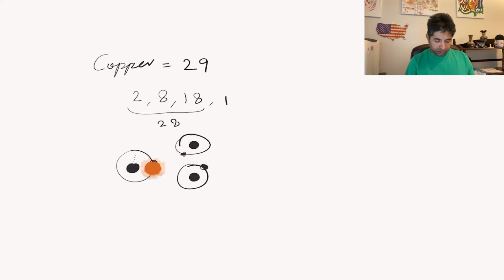For example, this can jump over here, and this can jump over there, so these electrons keep moving easily from one atom to another. This flow of electrons is what we call current, right? Flow of charge, flow of negative charge, which is electrons.